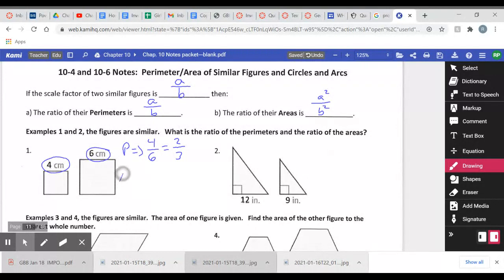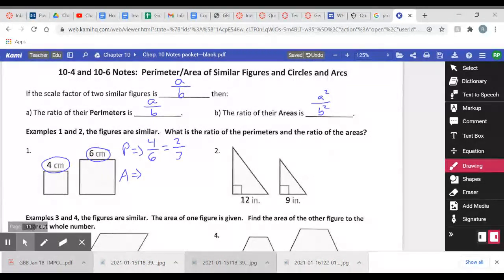But if referring to the area of these figures, then that would be a squared over b squared, like we just talked about. So we could take the scale factor or the ratio of the perimeters and square both of those.